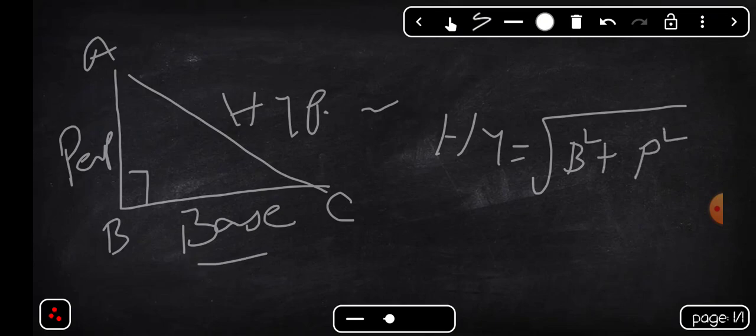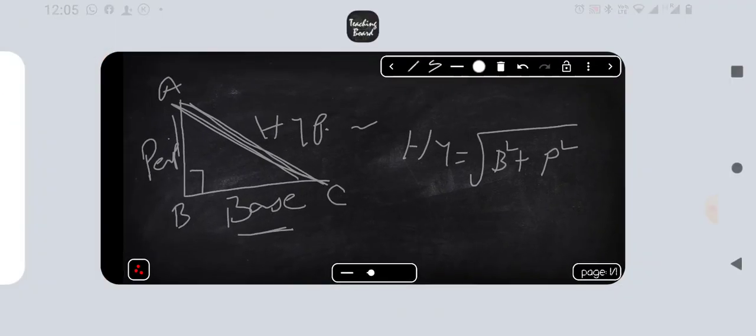Now let us see how to solve these problems.